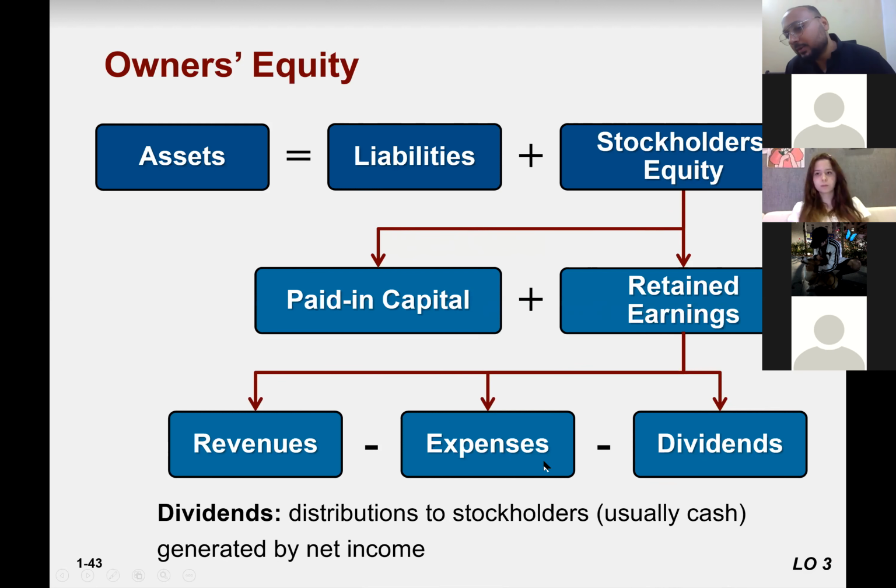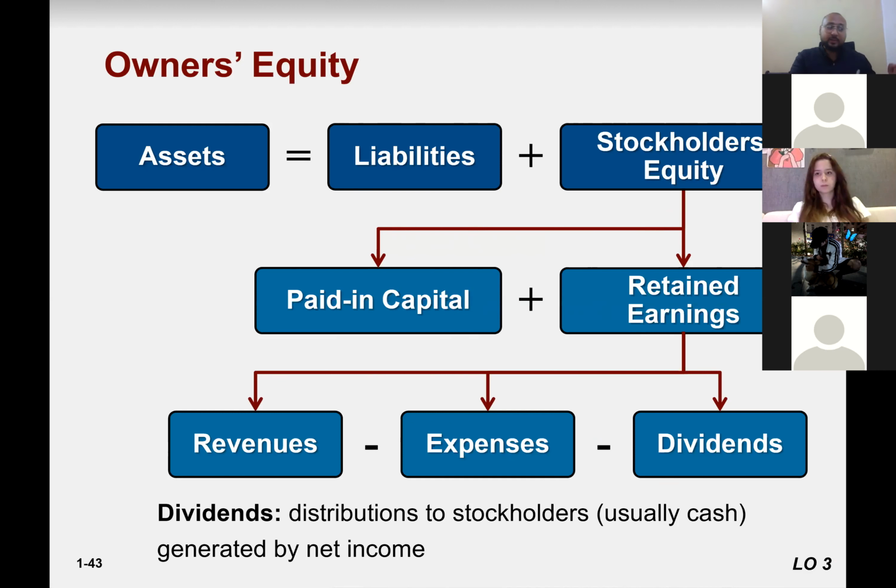And the profit that you distribute to the existing owners, we call this dividend. Like I said, the business is a separate entity, the owners are separate. If the business makes a profit, then that profit belongs to the business.